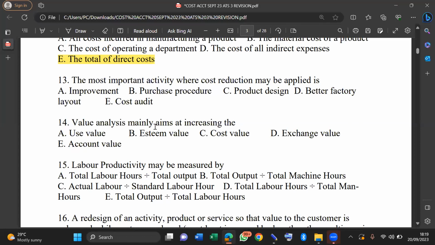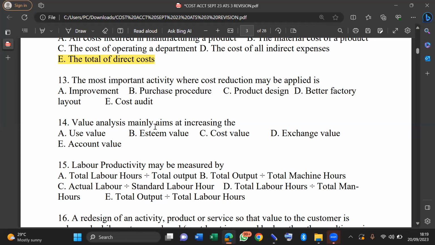Purchase procedure is the way by which the organization sources for its materials or the items used in production, and that could be determined by the supplier. We do not have capacity in that because it is outside.